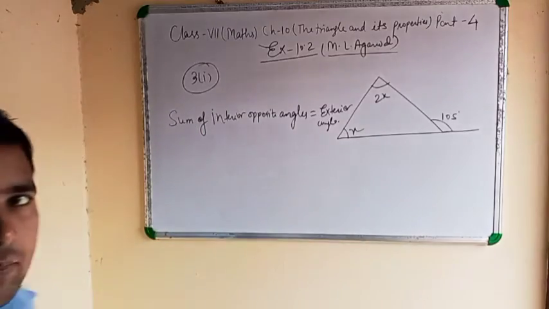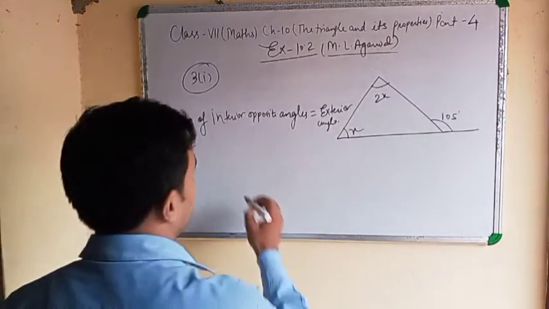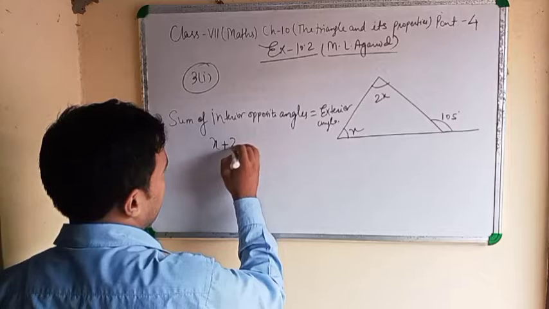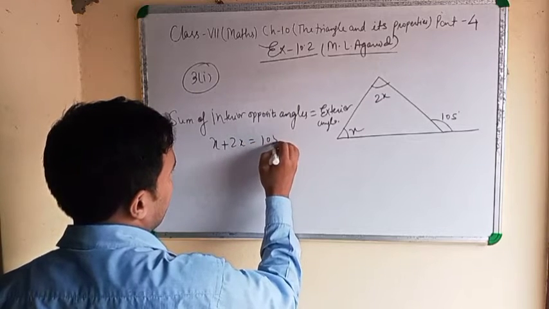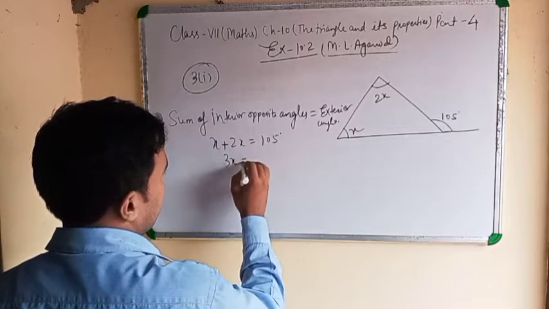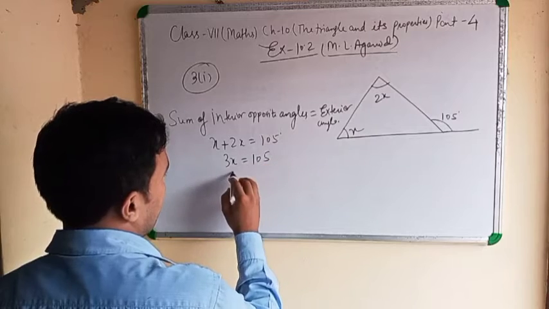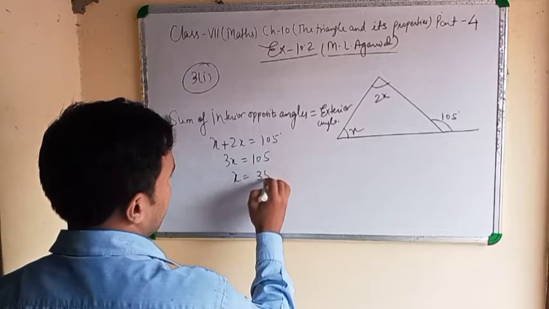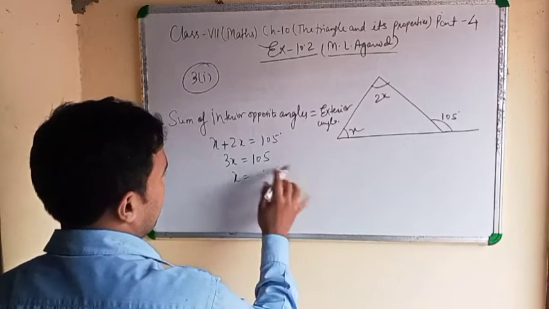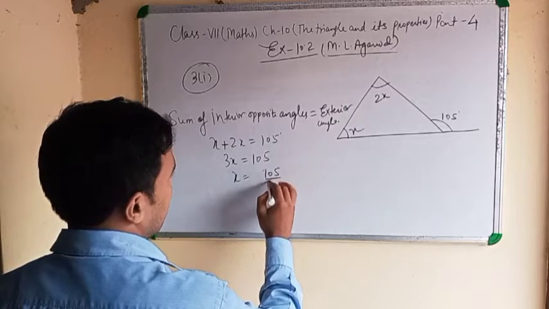Sum of two interior opposite angles equal to exterior angle means x plus 2x equal to 105, then 3x equal to 105, x equal to 105 by 3.